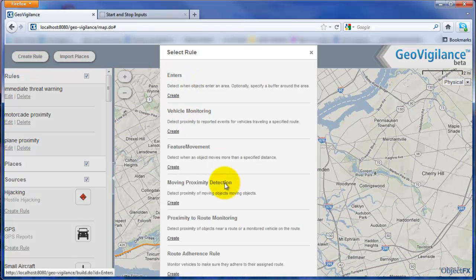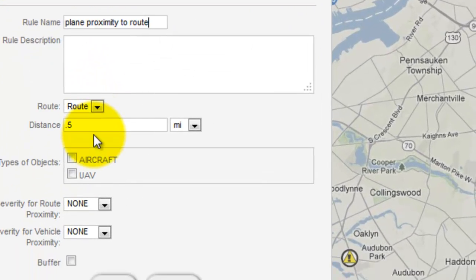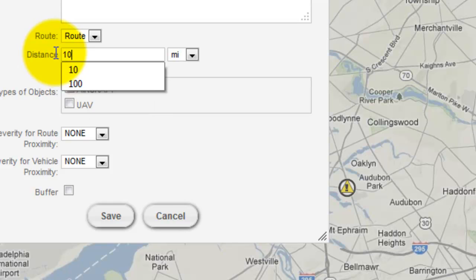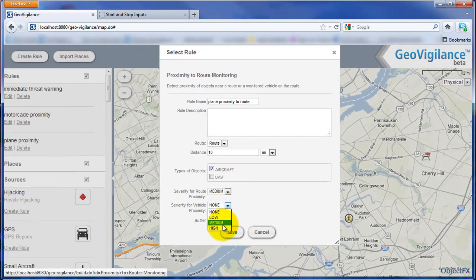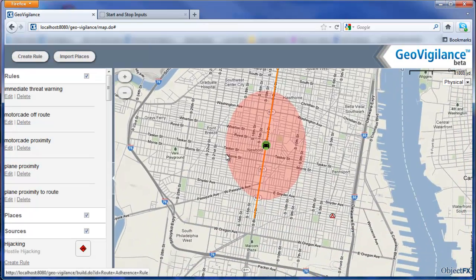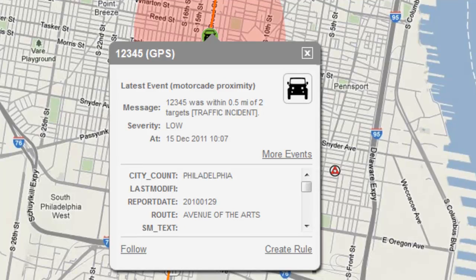The motorcade begins in Philadelphia, and immediately the analyst creates route adherence rules for threat proximity along the route. As the motorcade begins to move, notice the incident feed starting to populate the map with data.